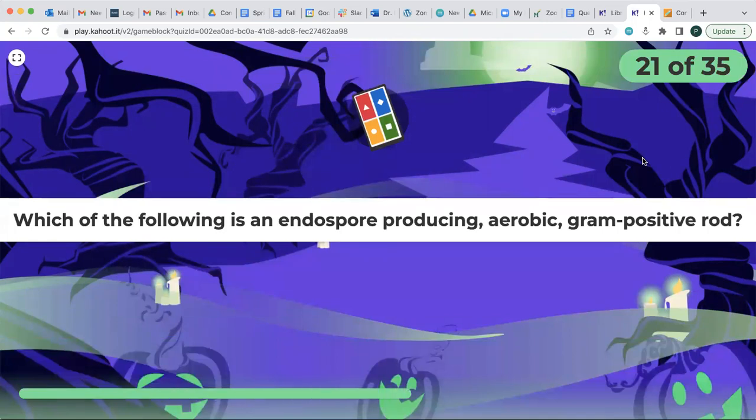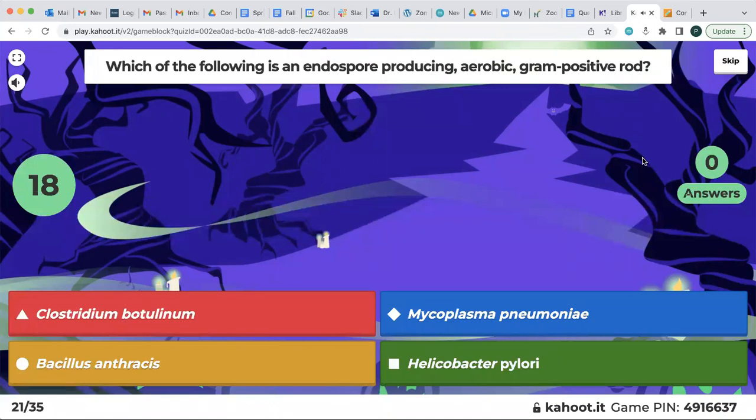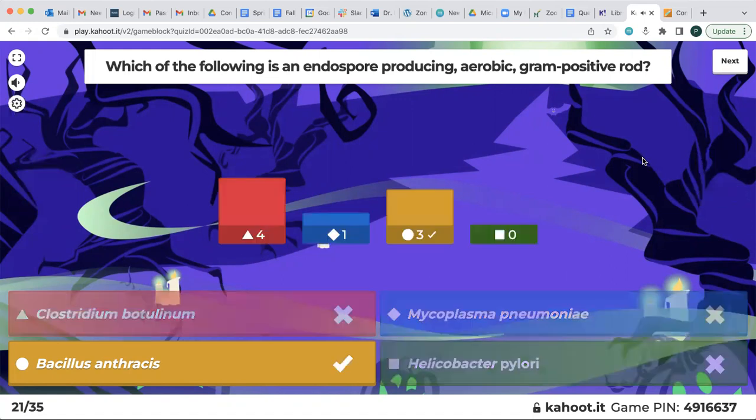Which of the following is an endospore producing aerobic gram-positive rod? It is Bacillus anthracis.